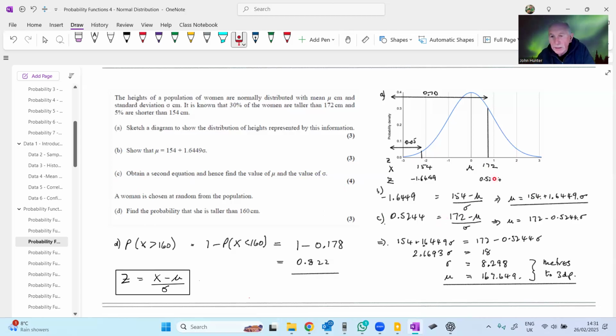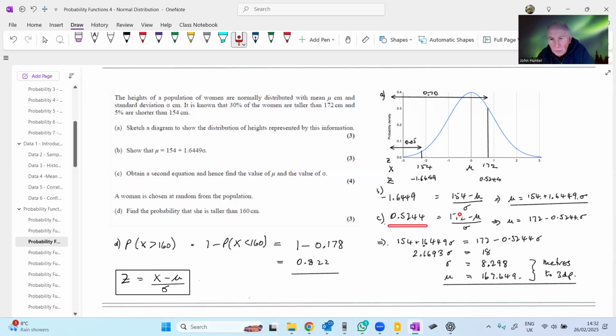Right, so in this case we're going to look up the standard normal random variable value for 70%. Everything obviously works on a basis of less than or equal to. So 70%, and that's going to give us this value here of 0.5244.